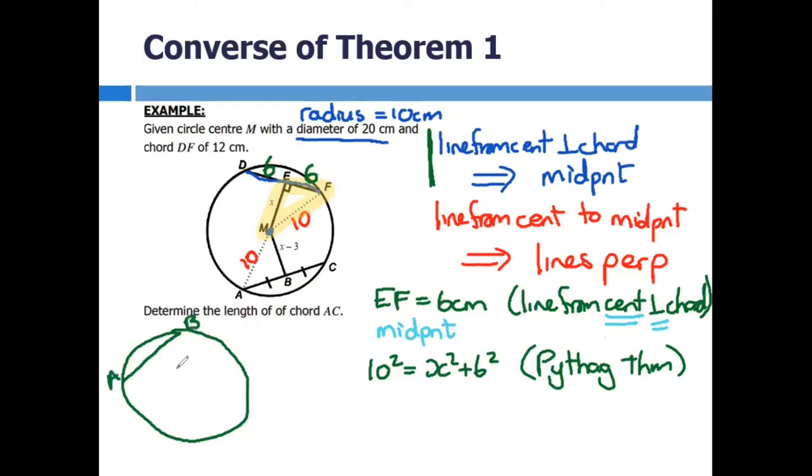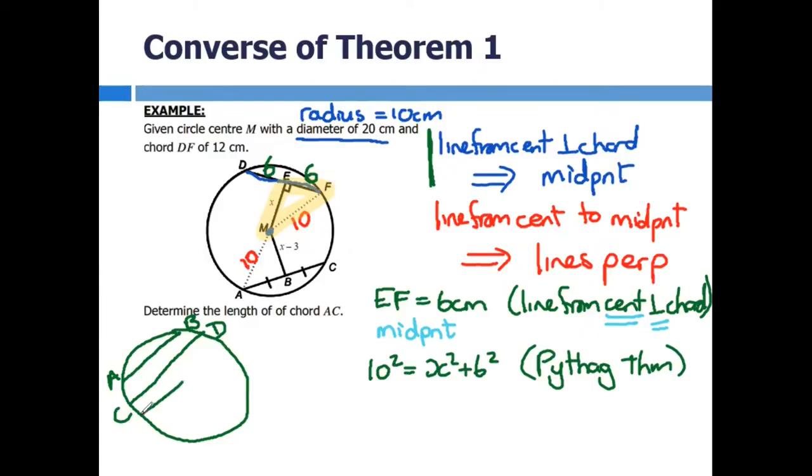But a chord just means it's going from one side of the circle to the other. It doesn't have to go through the center, but we can do that anywhere we want. And I'm hoping you can see that chord CD would be longer than AB. So a chord is not in a specific position where you're cutting off the circle. It could be anywhere, okay?